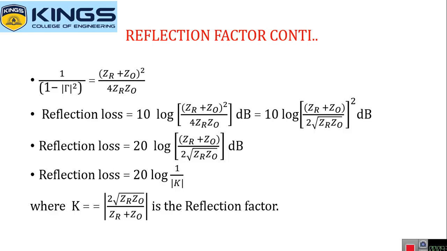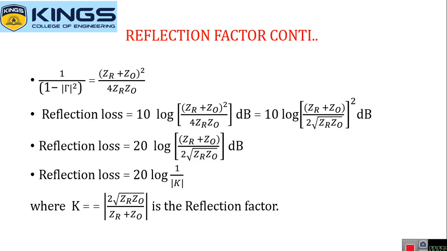So we can say this is 20 log of 1 by k, where k is the value ZR plus Z0 by 2 into square root of ZR Z0, taken in reverse, so 1 by k. So how much is the actual k? The 2 square root of ZR Z0 goes up, and ZR plus Z0 comes down.